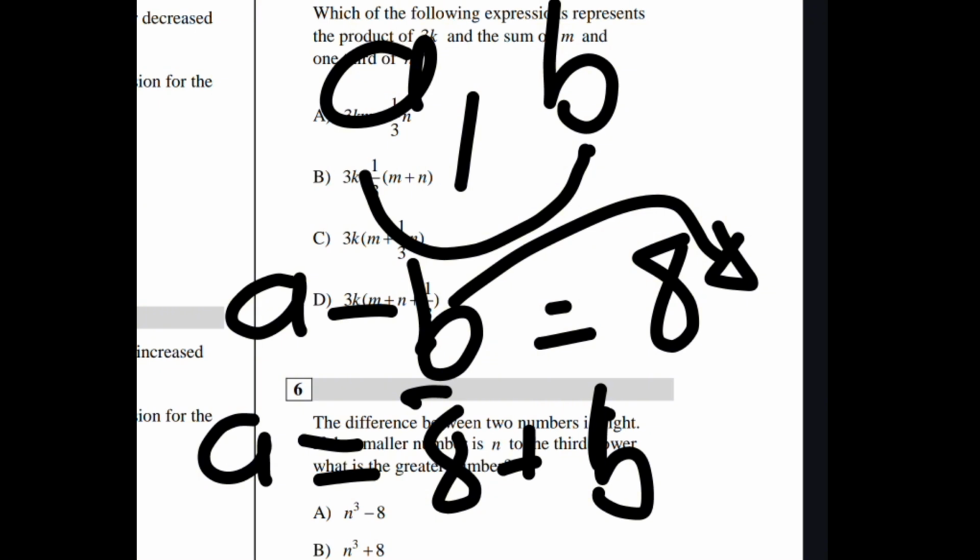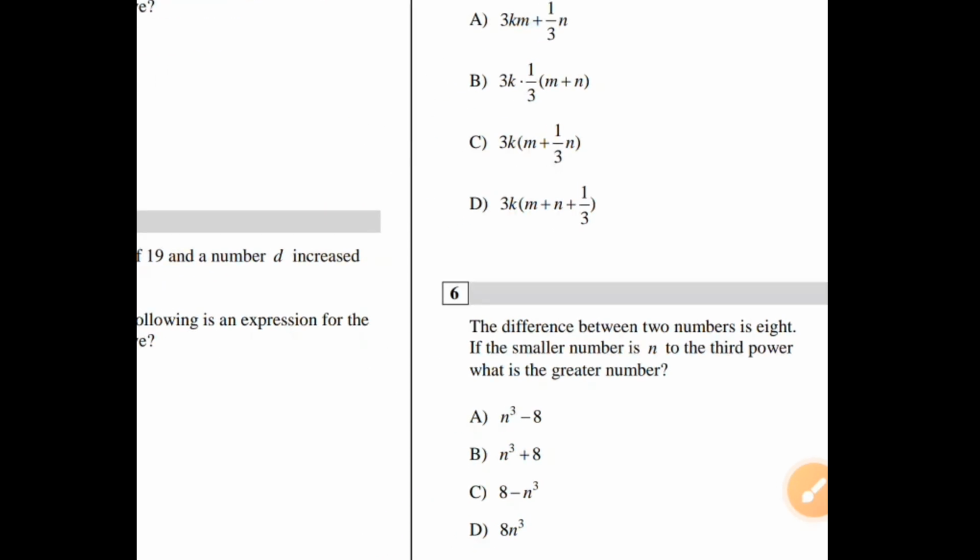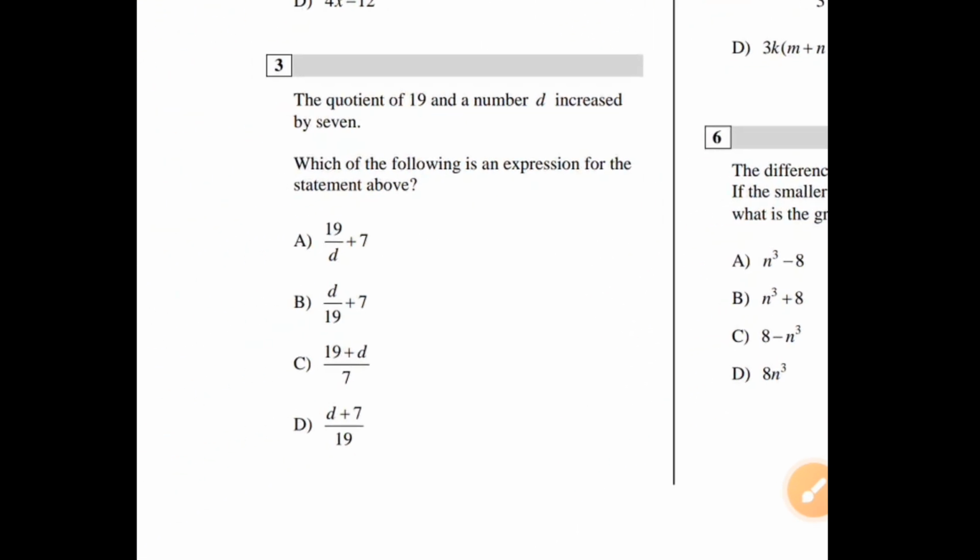Hence, A is equal to 8 plus n to the power 3. That will be n cubed plus 8, and that's our answer.